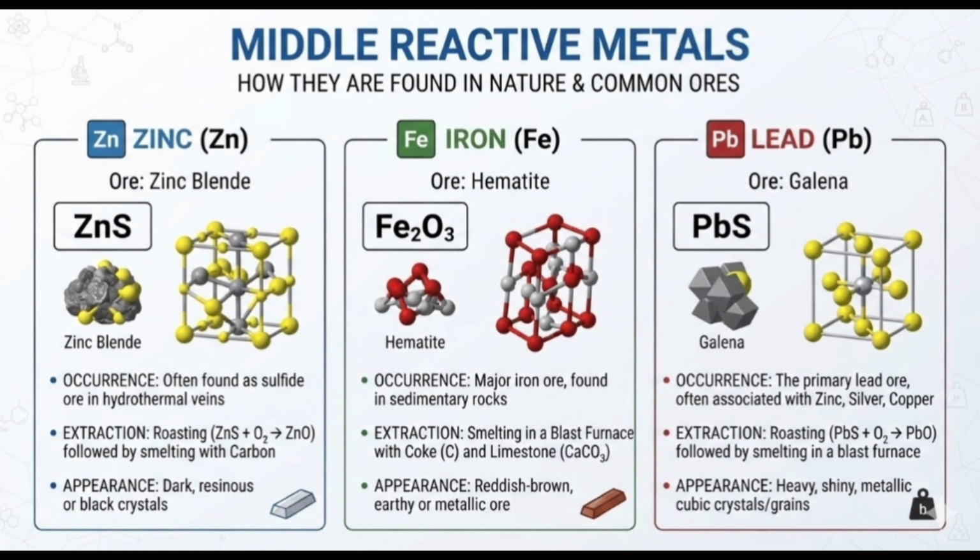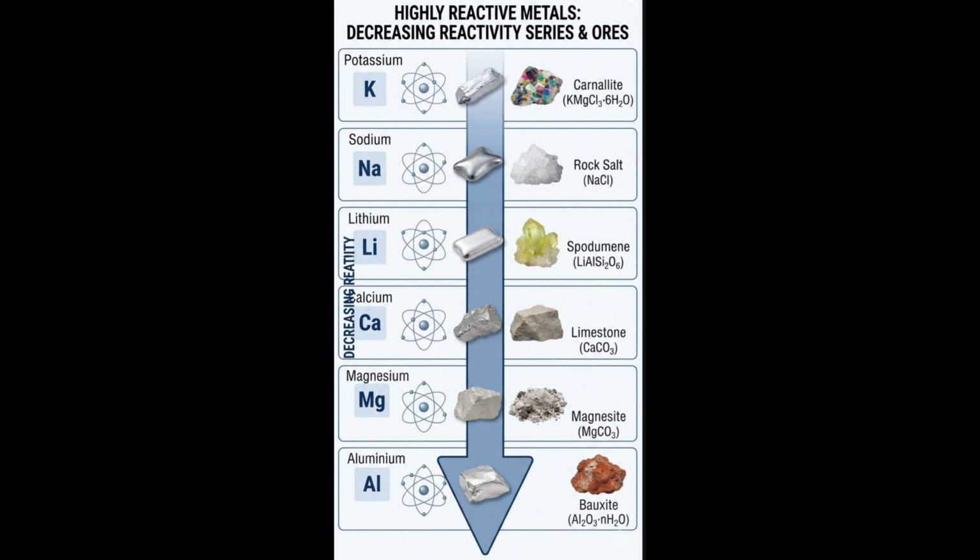Now we are going to see how we classify these ores on the basis of reactivity. The lowermost are either in the free state or form ores, and the middle ones form sulfides or oxides. And now we're going to see the topmost, the most reactive. The last group is the highly reactive metals: potassium, sodium, lithium, calcium, magnesium, and aluminum.